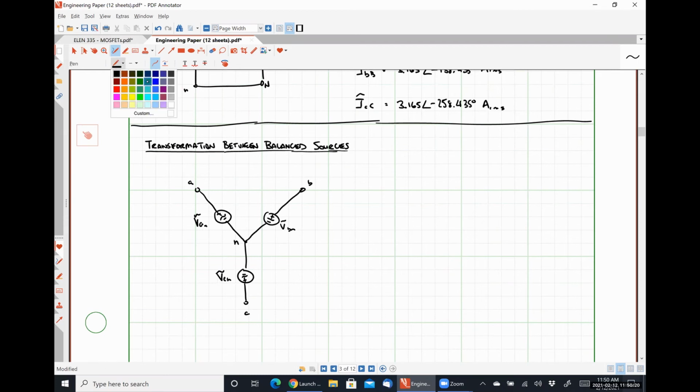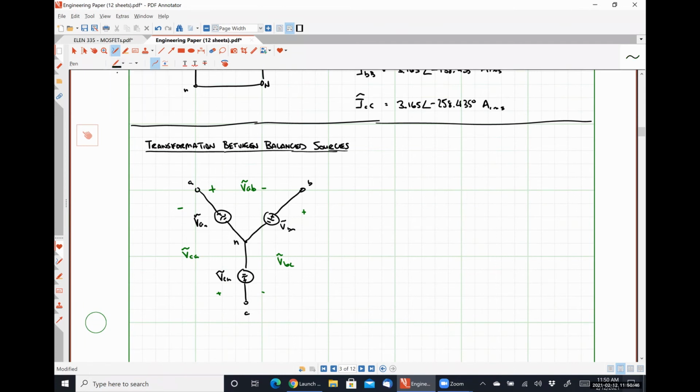Then we can find our line voltages to be VAB, VBC, and VCA, right? Just the voltage between those terminals. So nothing more than simple terminology here.